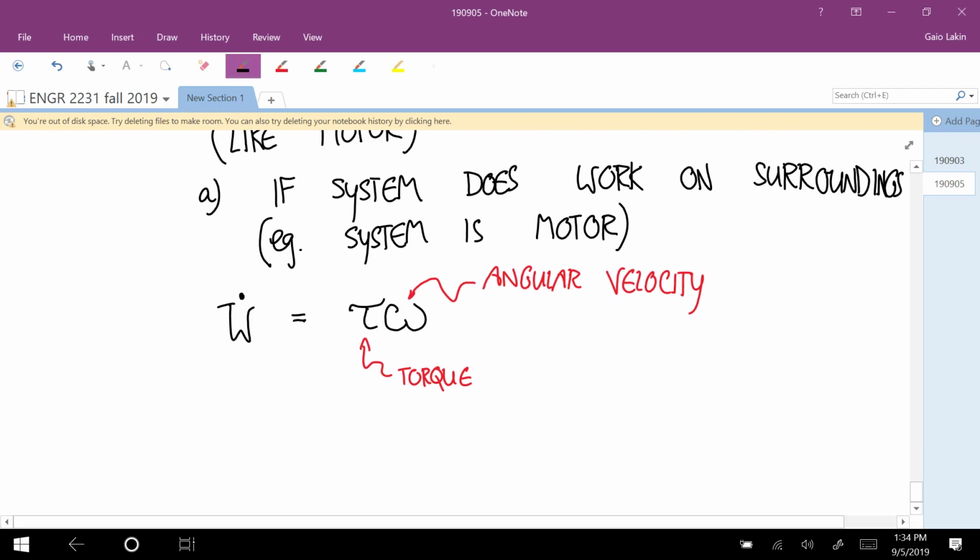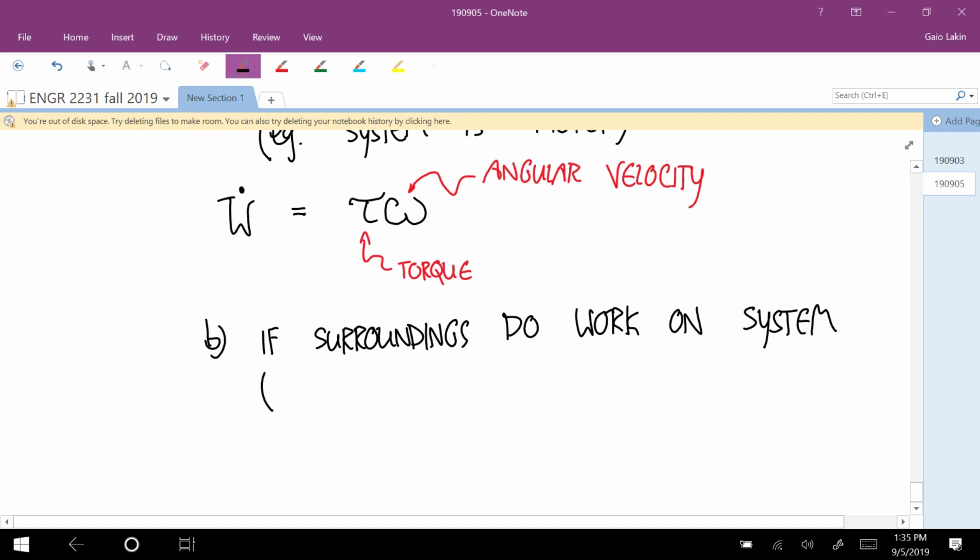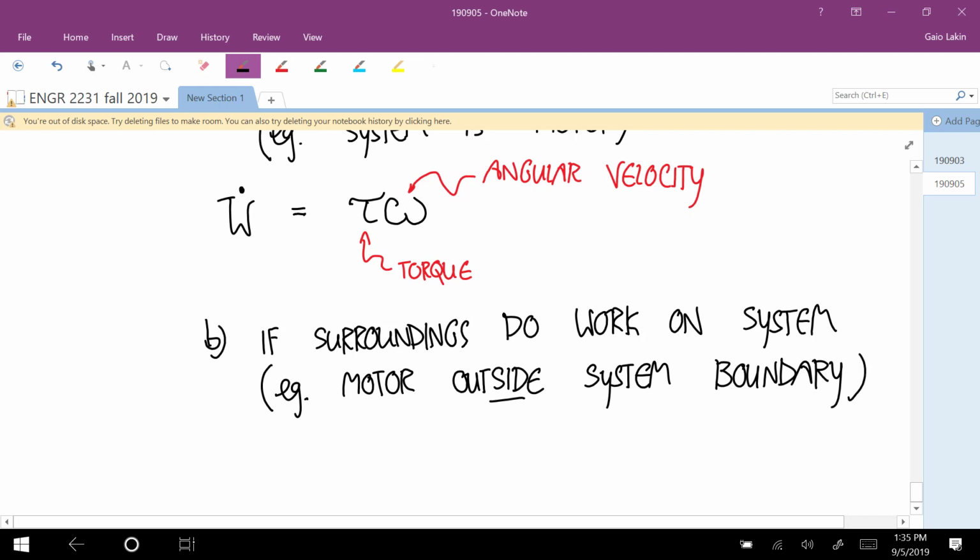And if the opposite is happening, so B, if the surroundings are doing work on your system, like for example, the motor is outside of the system boundary and the shaft is acting on your system, then the formula is the same except it's negative.